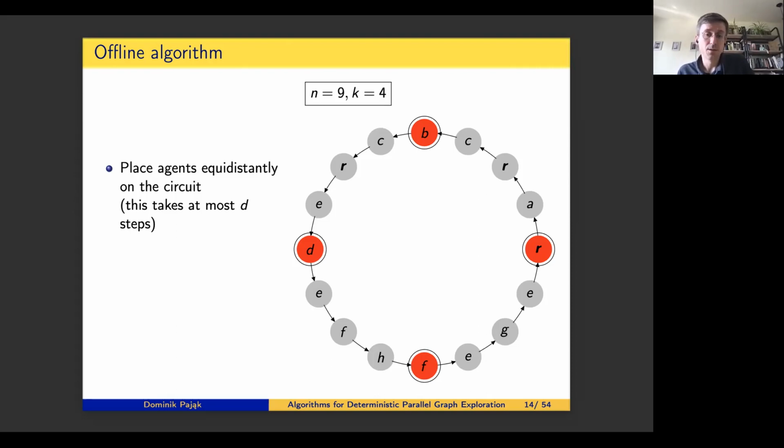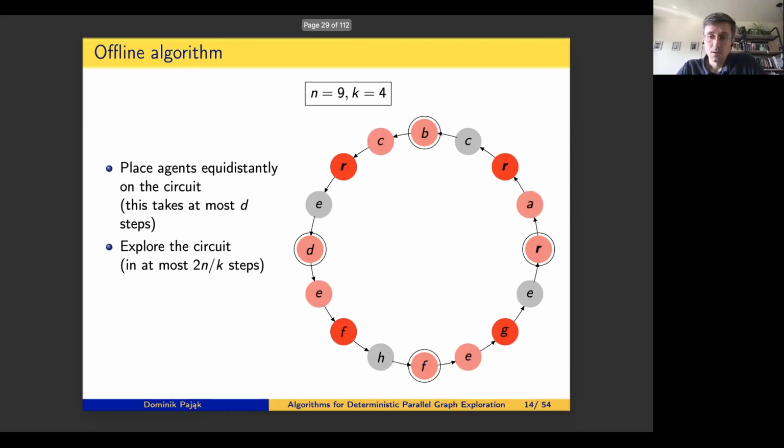So in D steps, it's enough to reach these nodes. So each of them simultaneously goes to these 4 vertices. And then they simply continue along the cycle like this. And each of them explores more or less 2n/k vertices. And this gives us the total time of D plus n/k.